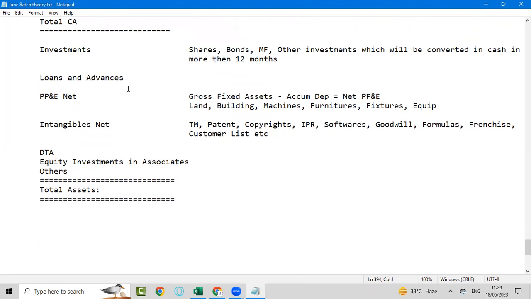Now, after the assets, we want to move to current liability. Current liabilities are those liabilities which you have to pay within one financial year or operating cycle. When you take advances from your customers, it is advance receipt.